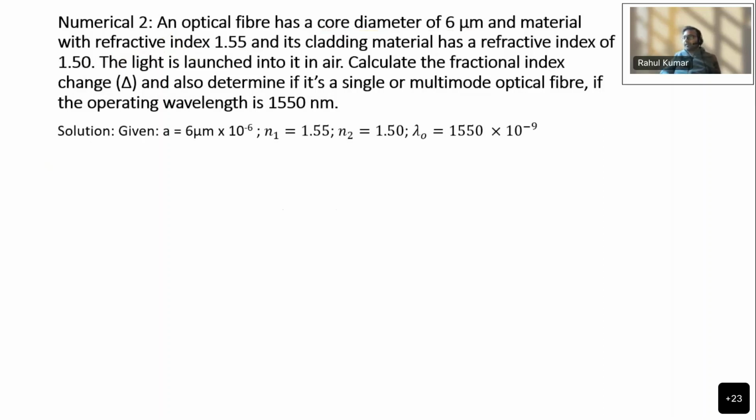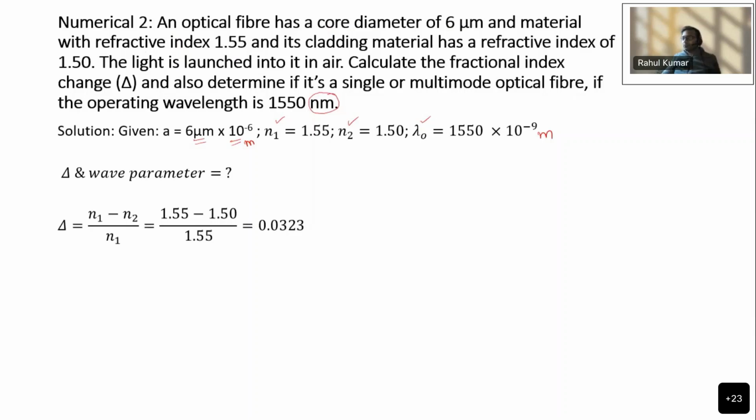It is given in micrometers, so I've converted it into meters. The refractive index of core and cladding is given, and the operating wavelength is given. So operating wavelength is again in nanometers. Okay, so I've multiplied it with 10 to the power 9, converted it into meters. Okay, then we have to find those two values.